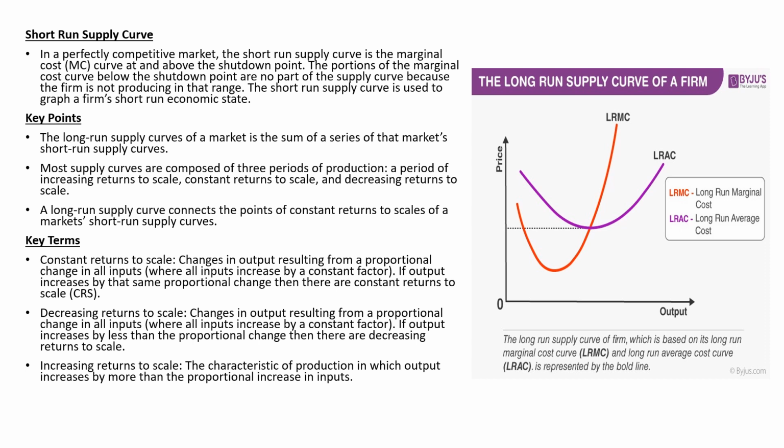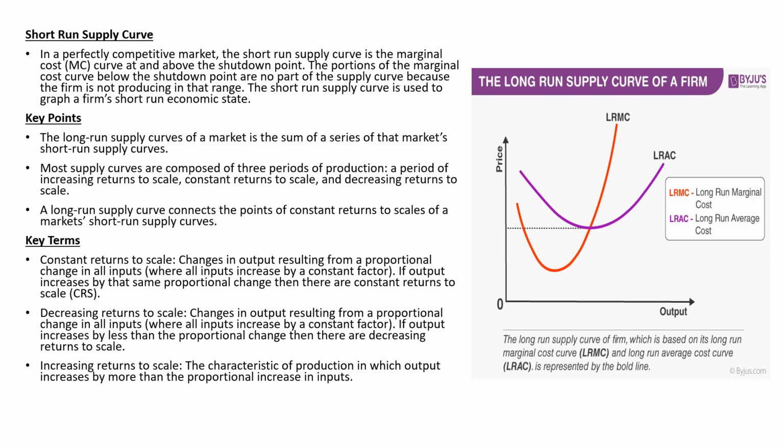Then you go through a period of constant returns to scale, and then you go through a period of decreasing returns to scale. So a long run supply curve connects a point of constant returns to scale of a market's short run supply curves.